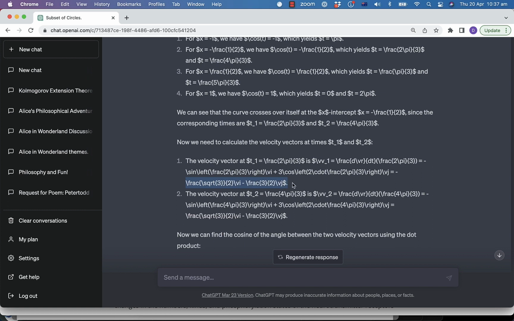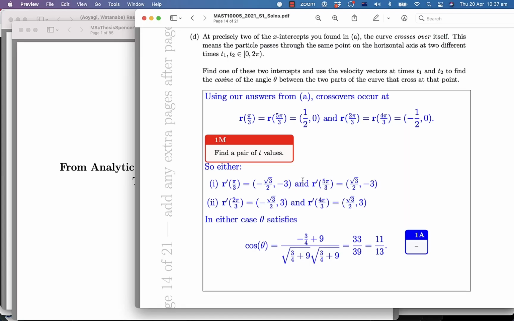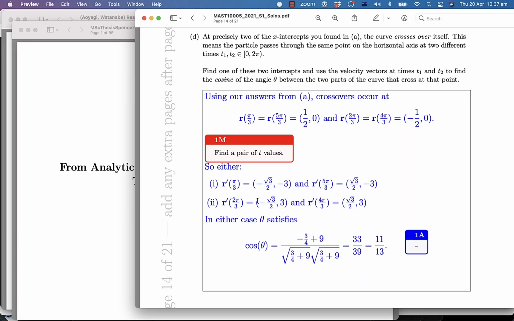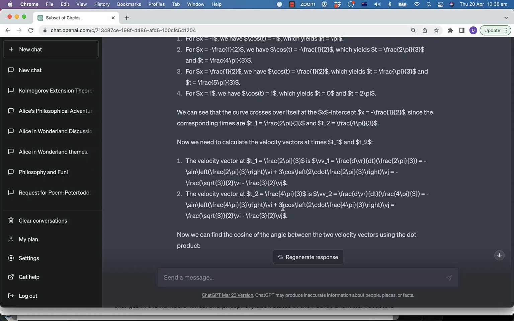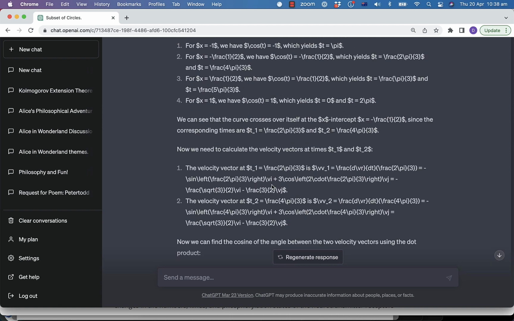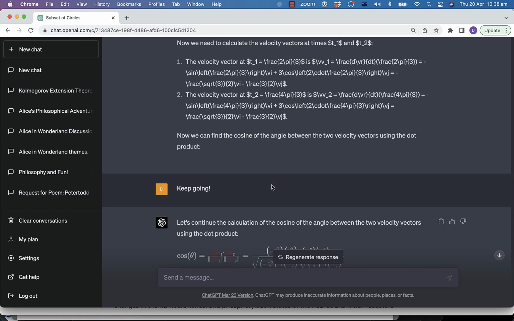Oh, it's right here: minus root 3 on 2, minus 3 on 2. That's right. That's at 2 pi on 3. Oh no, yeah, it's got this extra factor of a half from somewhere. Okay.